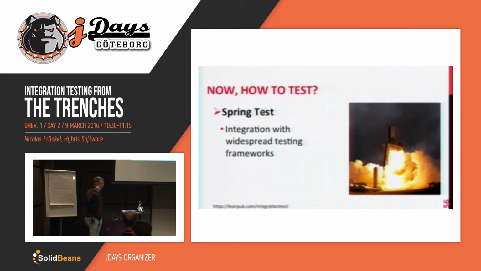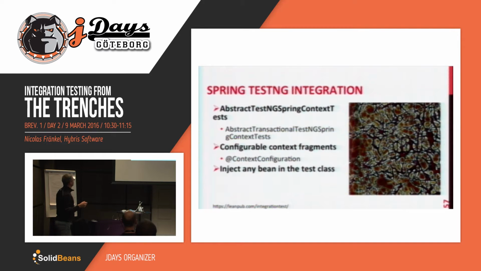Regarding Spring and TestNG integration, and that's the reason why Ruby people make fun of us, you can extend the abstract TestNG Spring context tests. Or if you want transactional behavior, you can use the transactional variant. So you just extend this class, and you will have Spring wiring, provided you tell which fragment you want to inject. And this is done through the ContextConfiguration annotation.